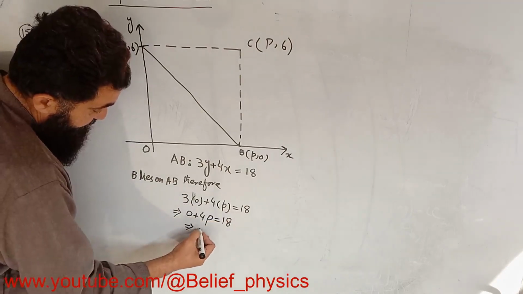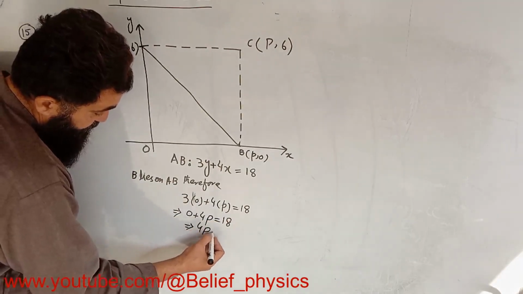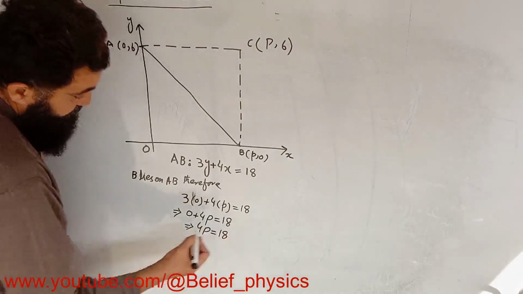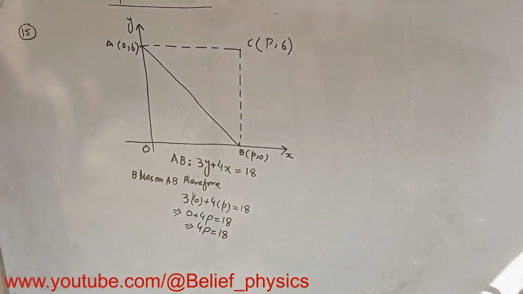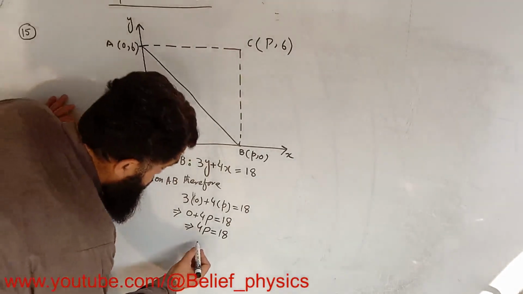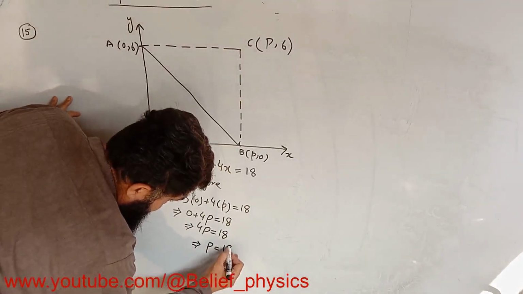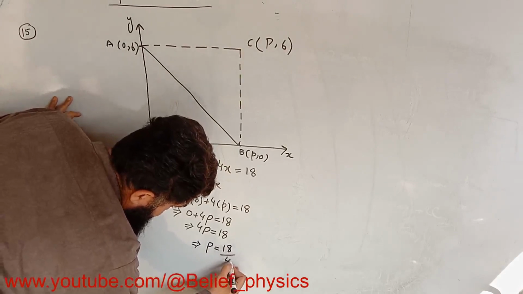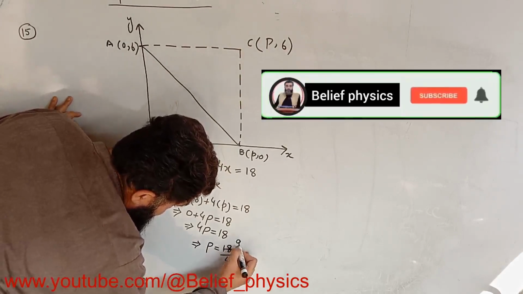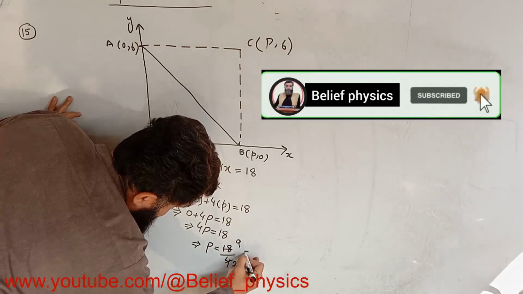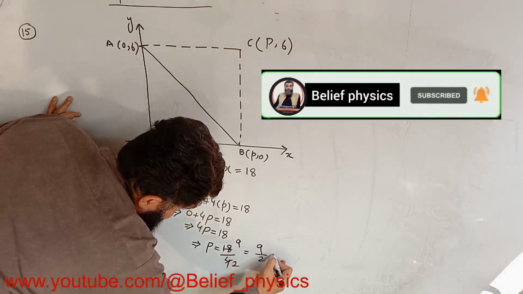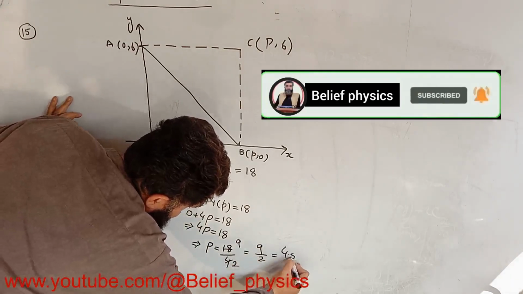This implies that 4P is equal to 18. Therefore, P will be equal to 18 divided by 4. 2 nines are 18, 2 twos are 4, so it is equal to 9 over 2. 9 over 2 is equal to 4.5.